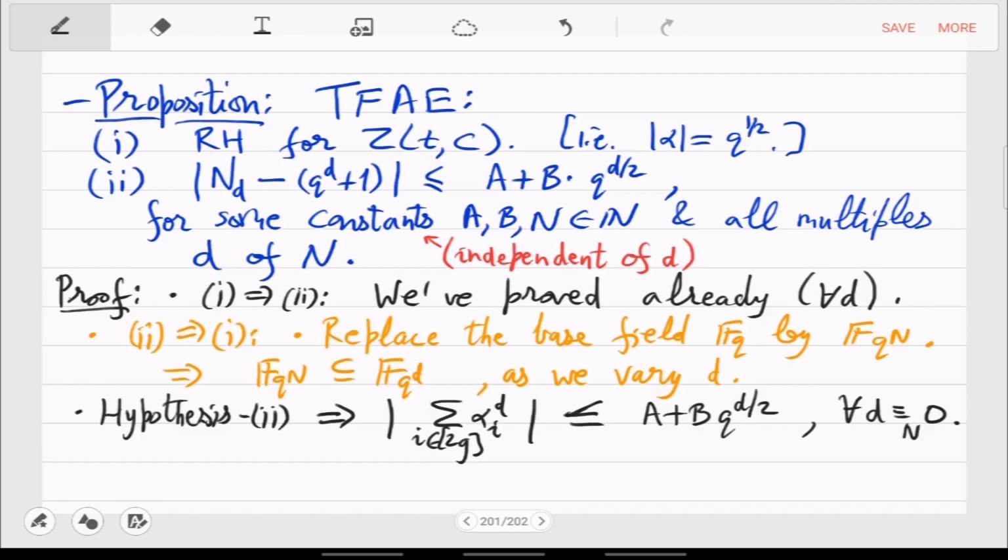It doesn't look very easy because alpha is a random complex number, so it could have been anything. I mean, alpha i's can all be 0, so this inequality doesn't seem that strong. So let's use the L function from where the alphas come.